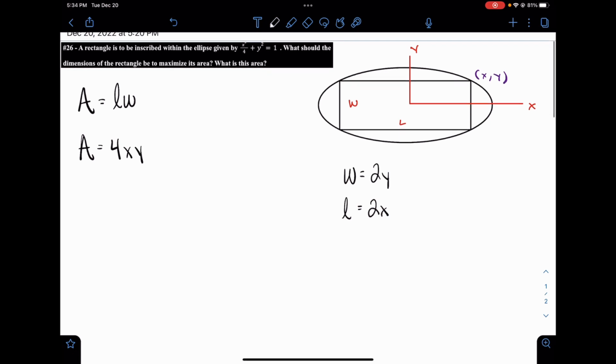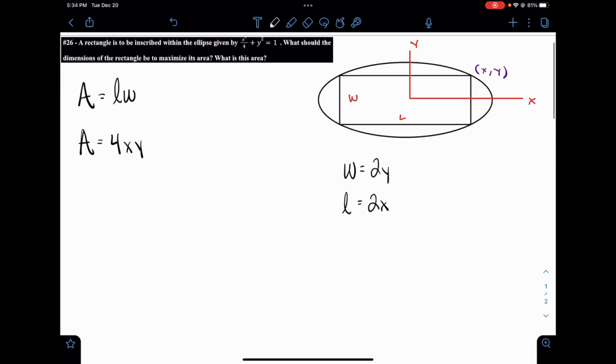4xy. Now we have to do something about those two variables because when we take the derivative, we only want it in terms of one singular variable. And this is where the constraint that our rectangle is going to be within this ellipse comes in. So we have the equation of the ellipse, which is x squared over 4 plus y squared equals 1.